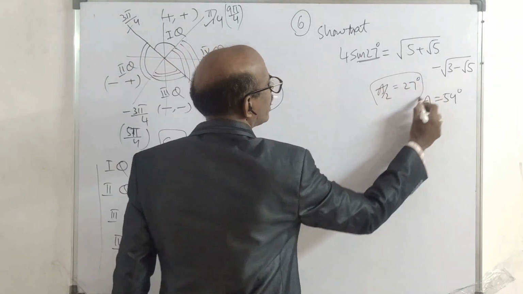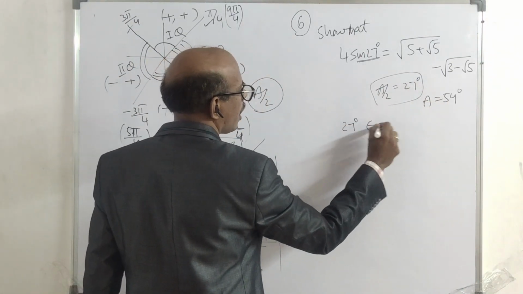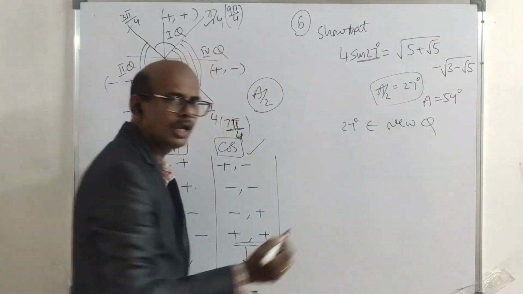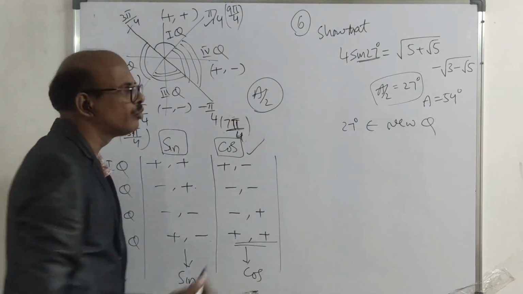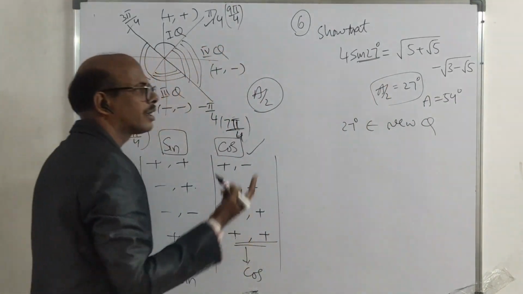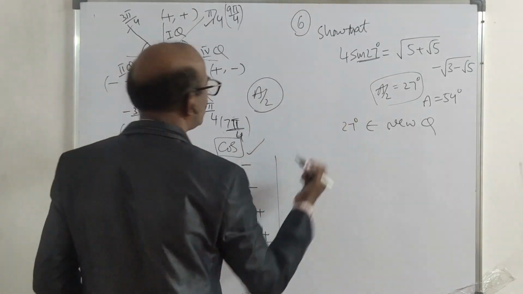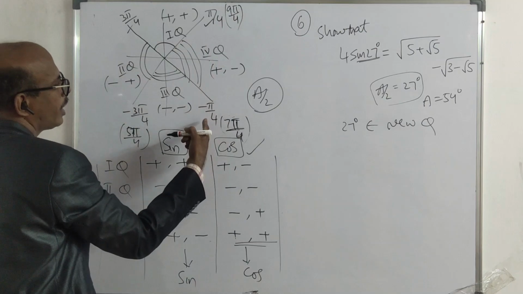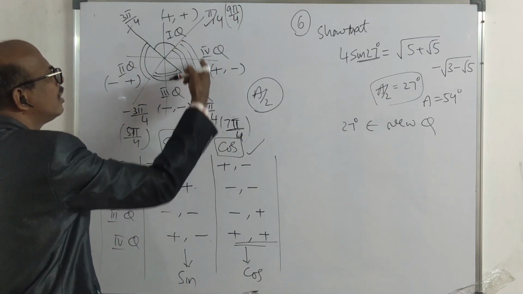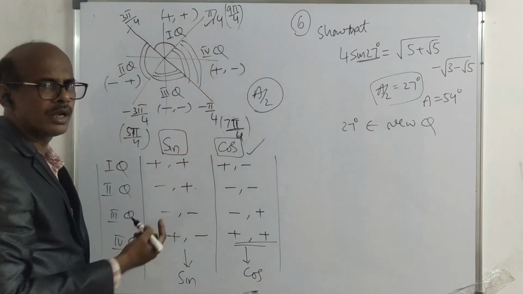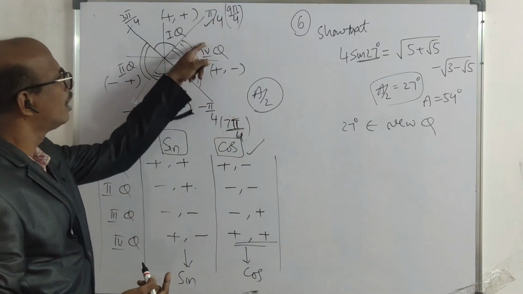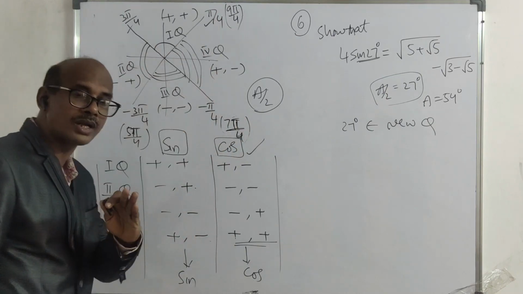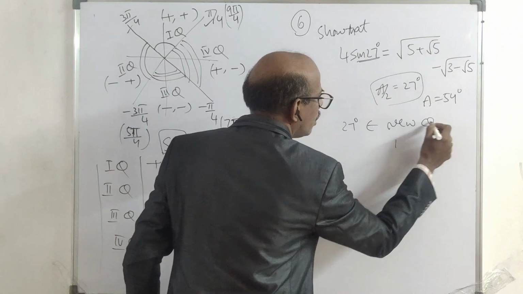A by 2 is 27 degrees, belonging to which quadrant? Immediately you pick up. My dear student, pause the video and try by yourself. If not, please watch. 27 degrees lies between minus 45 to 45, so definitely 27 degrees is in the fourth quadrant.